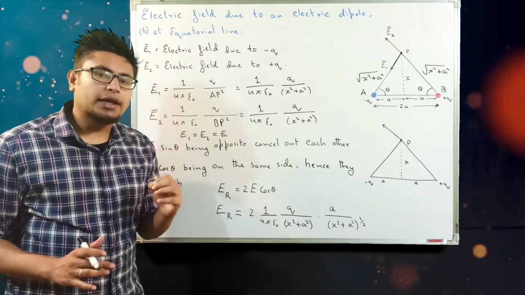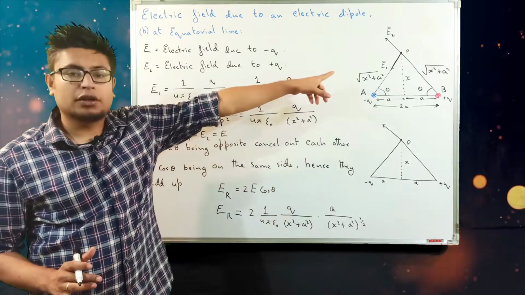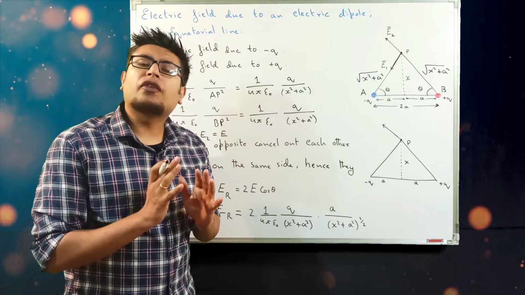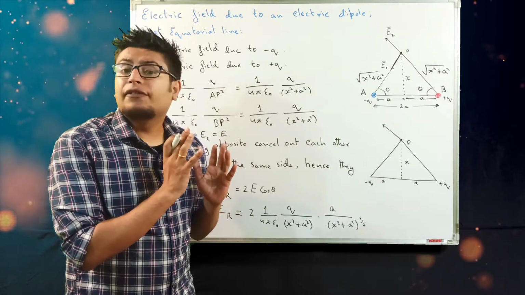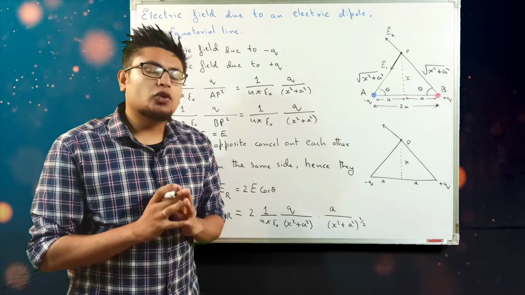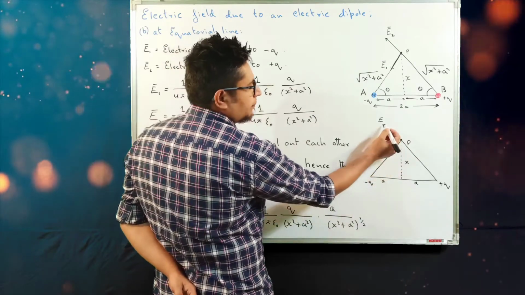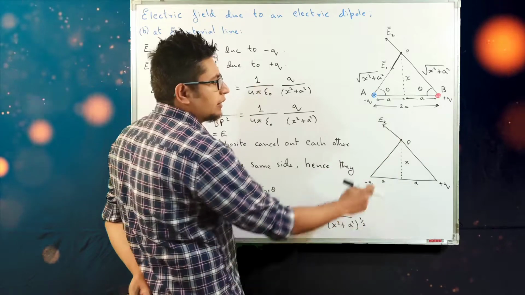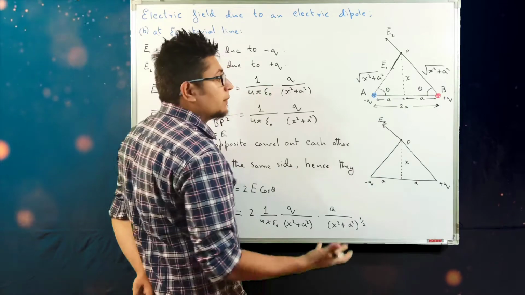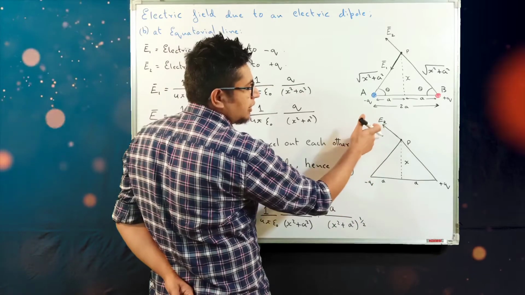Now my aim is to find the resultant electric field at point P due to E1 and E2. Since electric field is a vector quantity, we are going to make use of the vector addition rule. Since E1 and E2 are equal, I can take this as the resultant electric field.